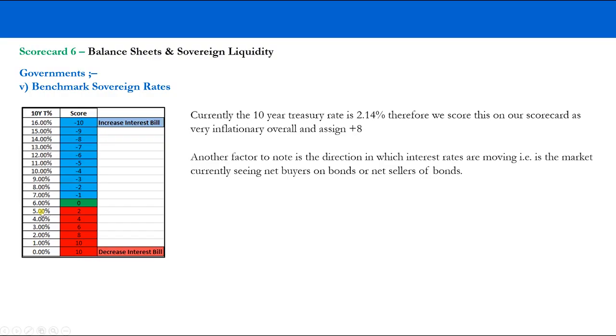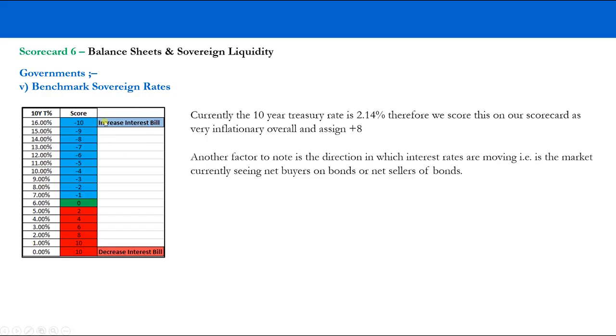And if there's net sellers of bonds, this means the private sector is less prepared to lend money to the government and is demanding ever higher rates because they see more risk. So we have net sellers of bonds creating higher rates and lower scores, so a higher deflationary threat.